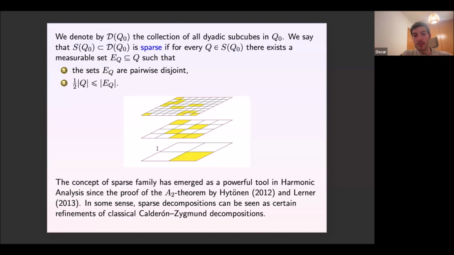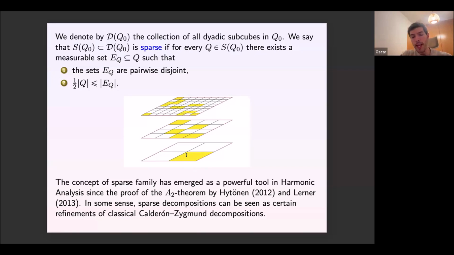So here, assume that this is your original cube, Q0, and now consider different dyadic generations. So first generation, second generation, third generation, and so on. And consider the family of yellow cubes. Note that this family is not a packing, right? Because, for instance, this guy here intersects its father, right?